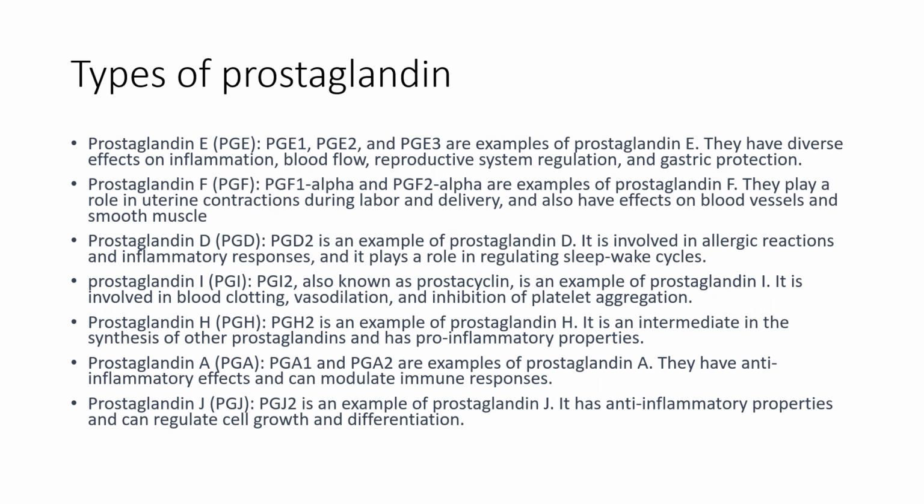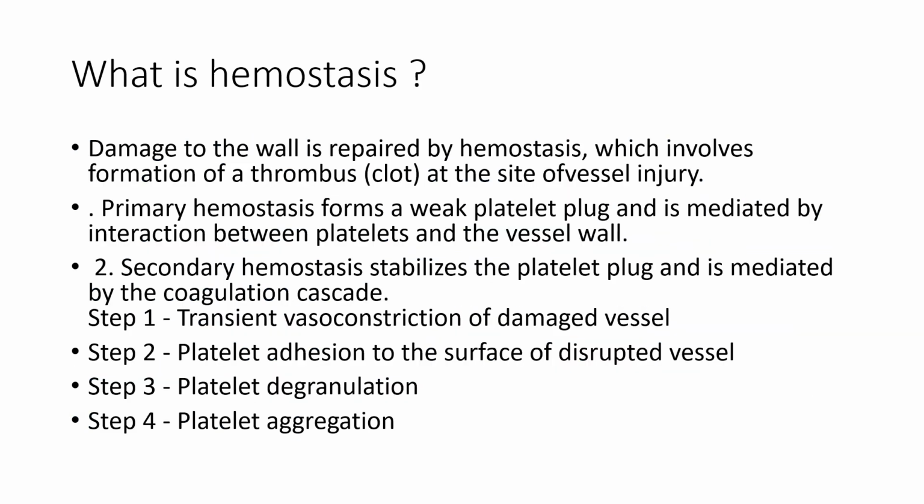Now there are various types of prostaglandins available in our body, so you should know about this: prostaglandin E, F, D, I, H, A, J. So read it. Now, what is hemostasis?